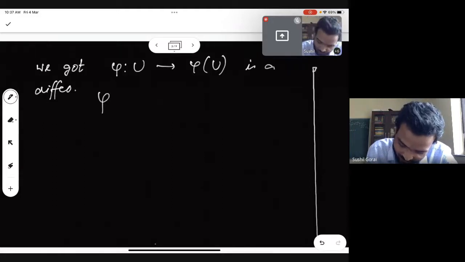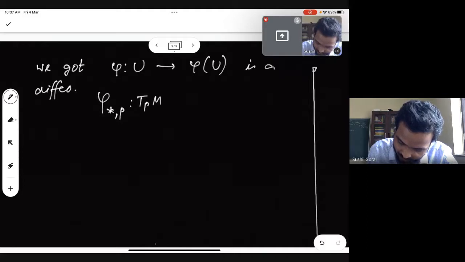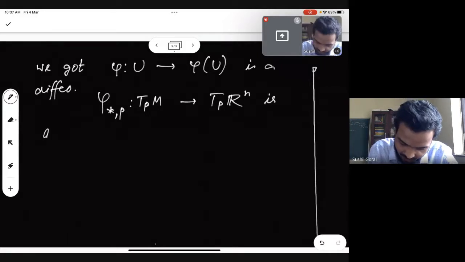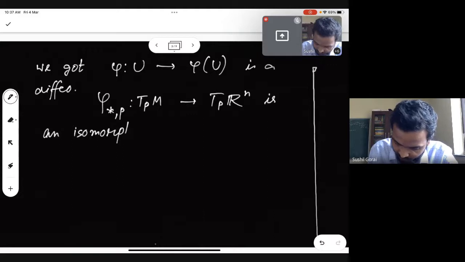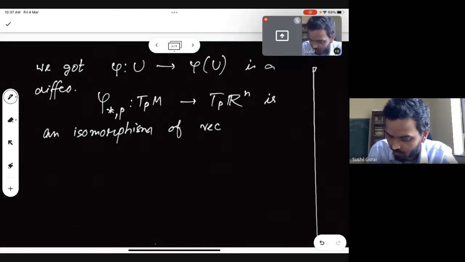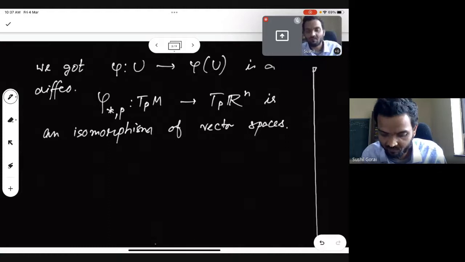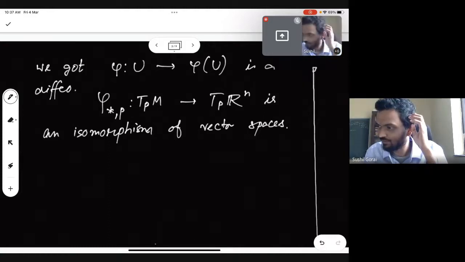So phi star at P, from T_P M to T_P Rn, is an isomorphism of vector spaces by the corollary we proved last time, right?